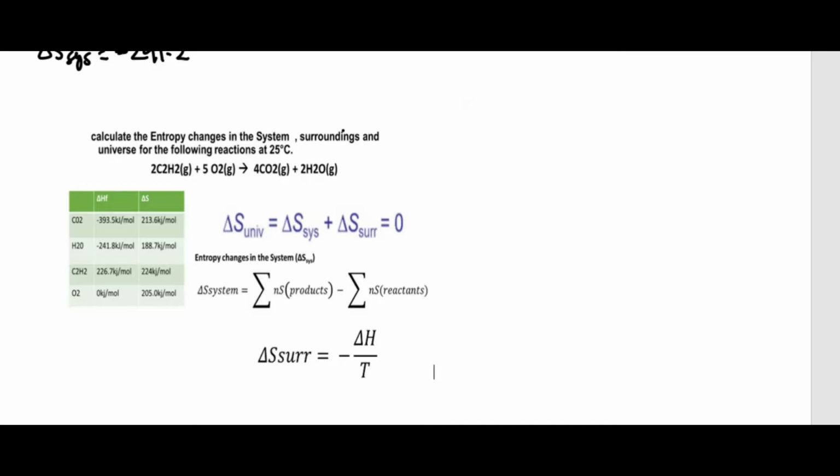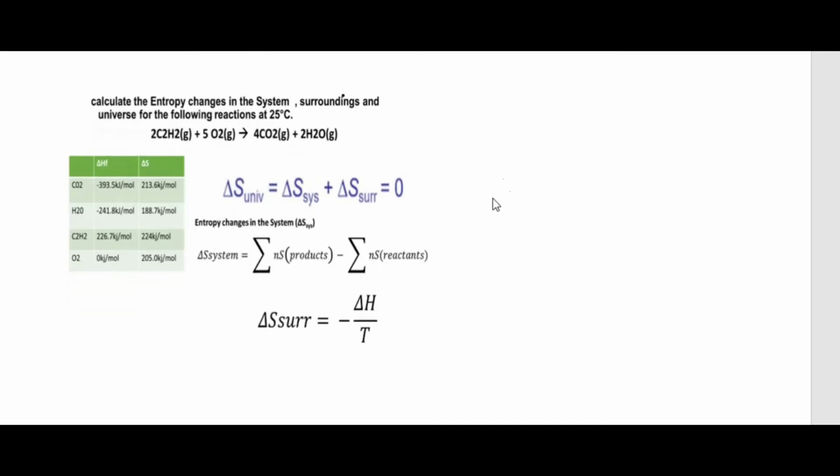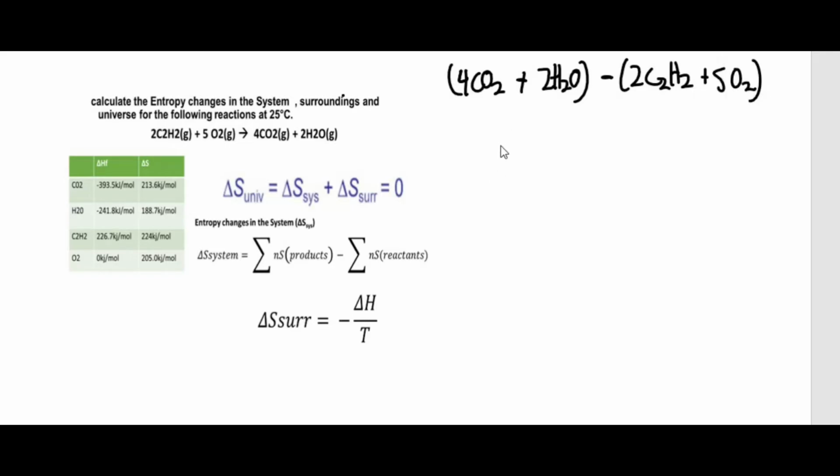So 4 CO2 plus 2 H2O minus 2 C2H2 plus 5 O2. Now, let's substitute the values.